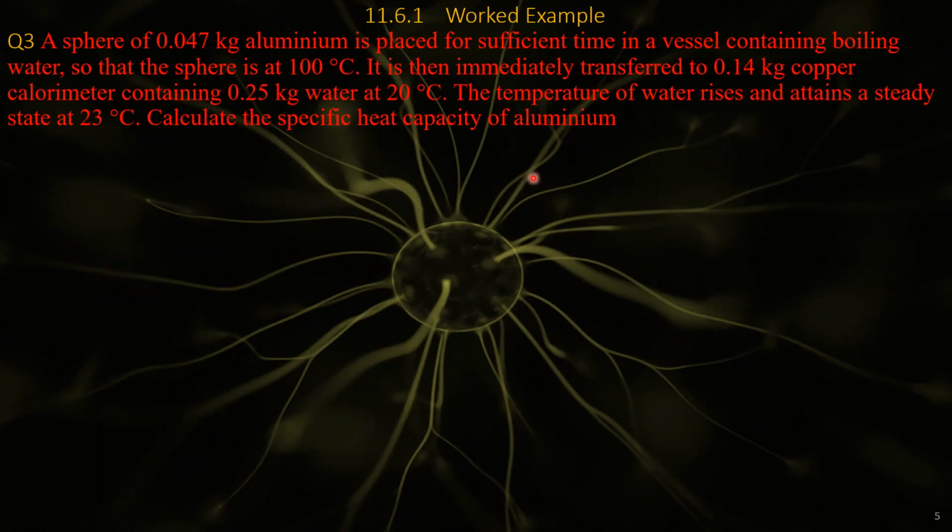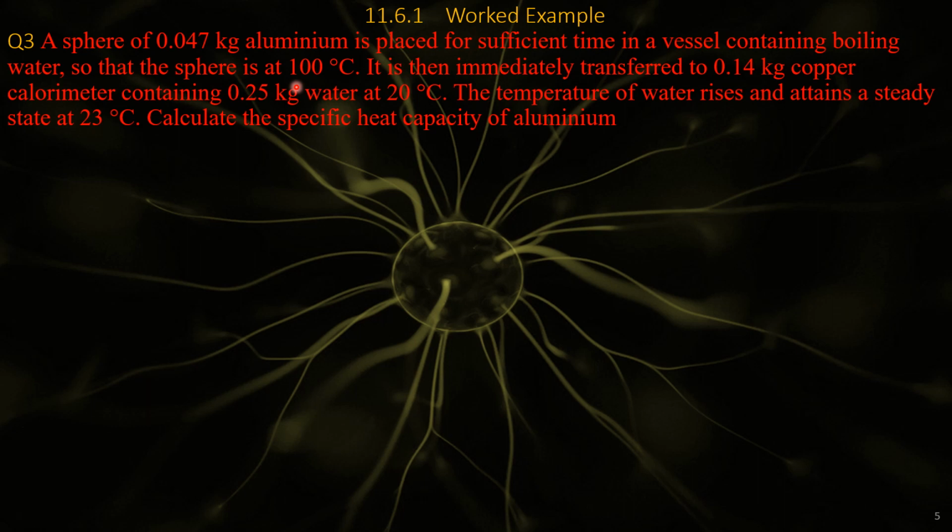Worked example. We will take up question number 3. A sphere of 0.047 kg aluminium is placed for sufficient time in a vessel containing boiling water, so that the sphere is at 100 degrees centigrade.